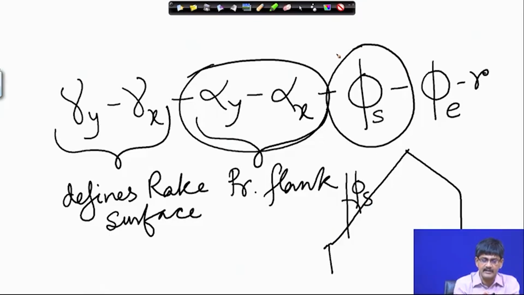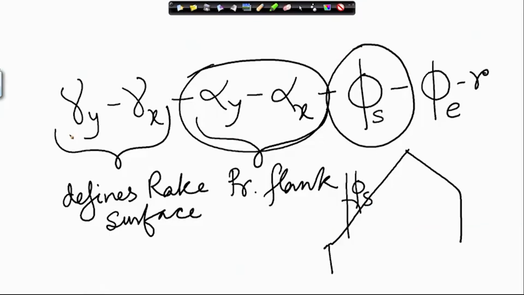That is, let us take a tool with gamma y 15 degrees, gamma x 5 degrees, alpha y 10 degrees, alpha x 5 degrees, phi s say 25 degrees and phi e 65 degrees. No, phi s will be pre-decided.